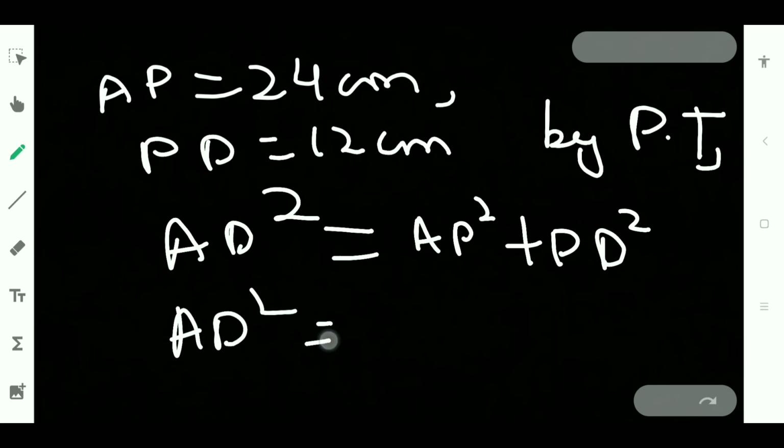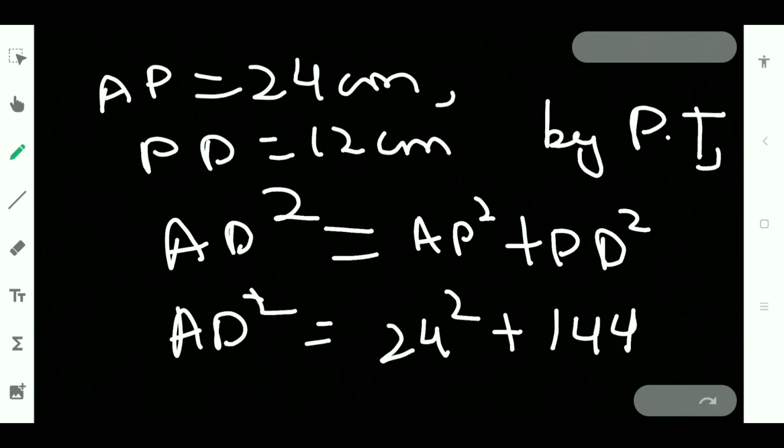AD square is equal to 24 square plus PD square, which is 12 square, 144. 24 square we are having 576 as the value.